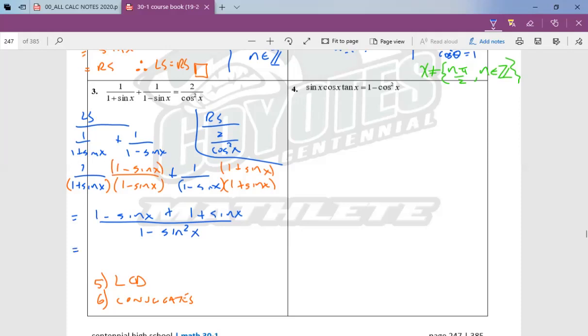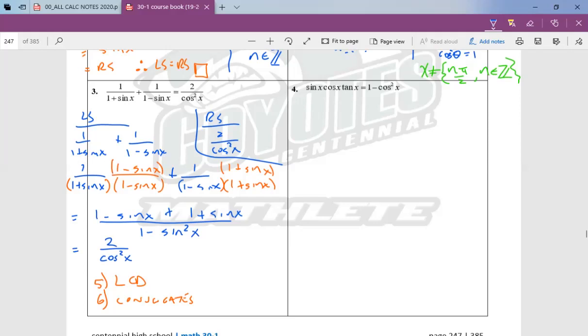And this is going to tidy up right about now because upstairs we have 1 minus sine x plus 1 plus sine x. The sine x terms cancel out, and the numerator is just 2. This denominator, 1 minus sine squared x, Pythagorean identity, that's just cos squared x.